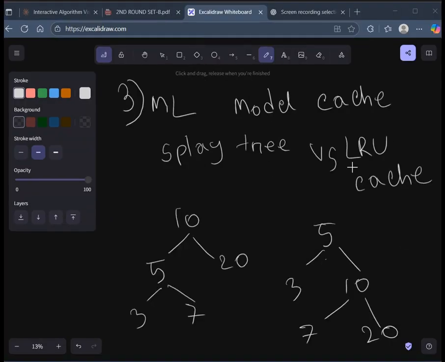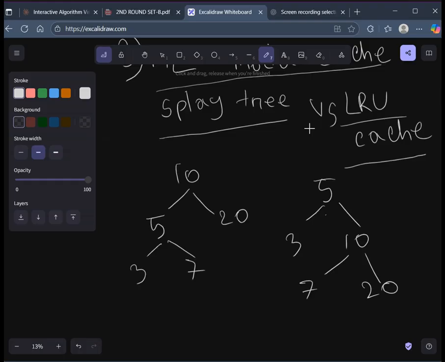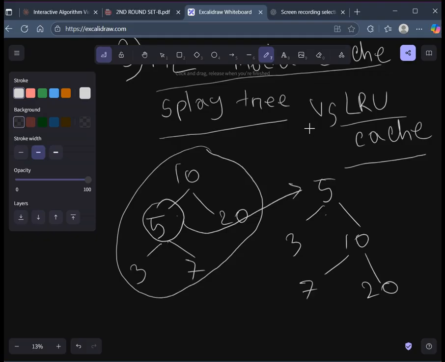Now we have to build an ML model cache by using two systems, the Splay tree system and the LRU cache algorithm. So first we have to look at the Splay tree system. So this is an initial tree with some input nodes with some information. So think about this node, and if we transform this node to this node, now the node we selected is adapting the tree around itself.